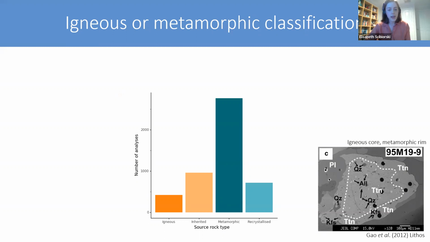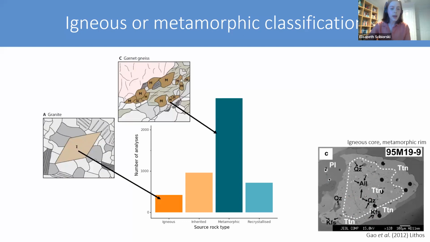So in this one case here, you might have an igneous titanite core with a metamorphic titanite rim, and you've got to think carefully about what you're going to do with the data from that sample. When you have a simple igneous titanite, say in a granite, or a metamorphic titanite in some kind of gneiss, that's pretty straightforward to classify. But as I mentioned, titanite is quite susceptible to recrystallization in metamorphic rocks.